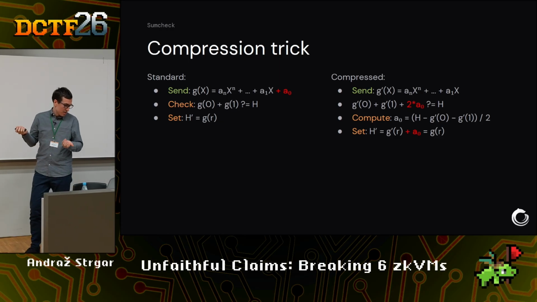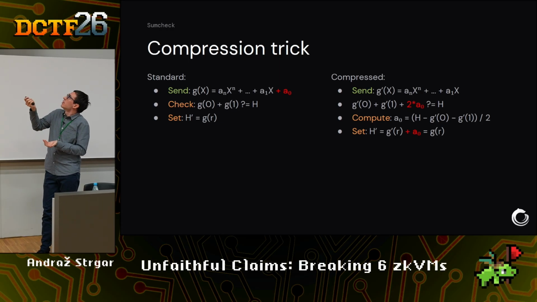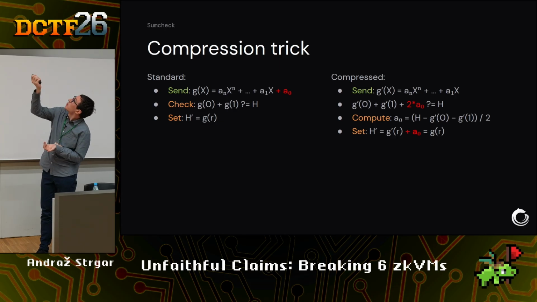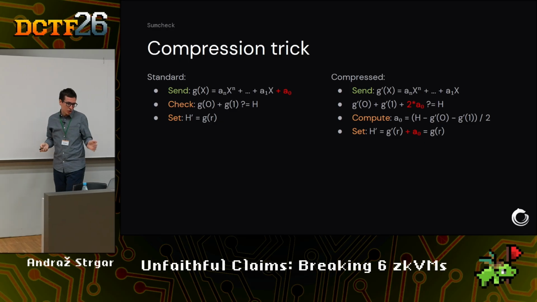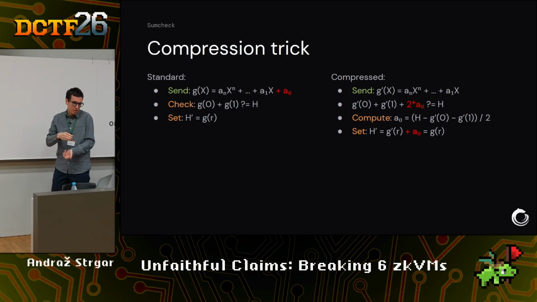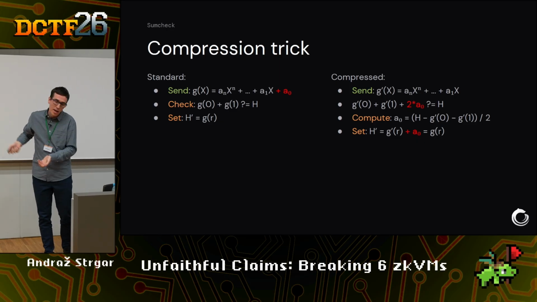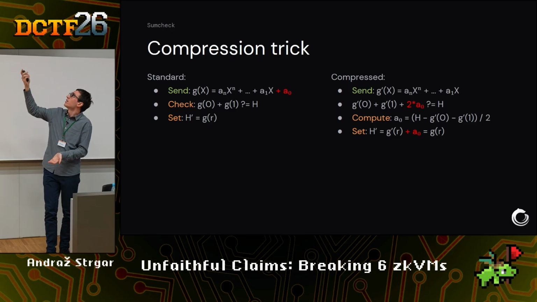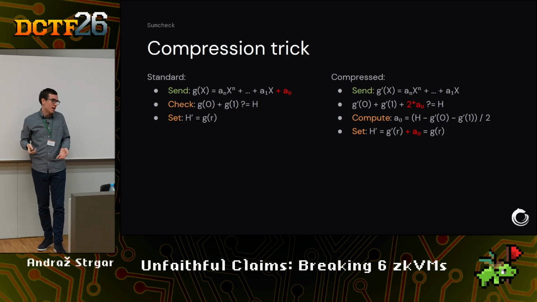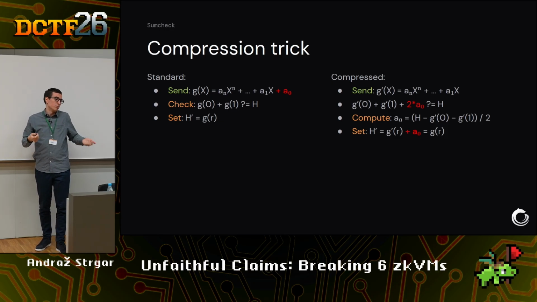Normally, it's still part of the proof. Then the verifier will evaluate g at 0 and g at 1, check if the sum is equal to the claim, and set the next claim, here denoted h prime, as g evaluated at some random challenge.